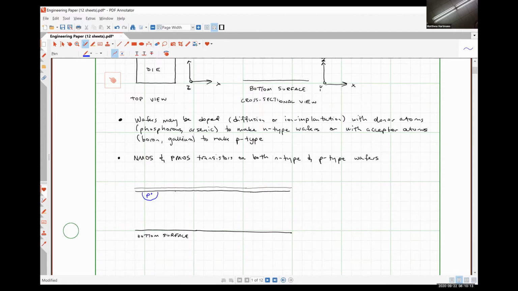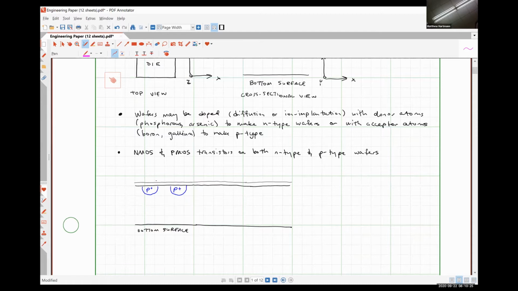Here we have a P+ implant and another P+ implant, and above it we have a polysilicon gate.